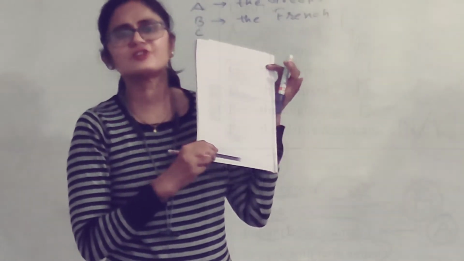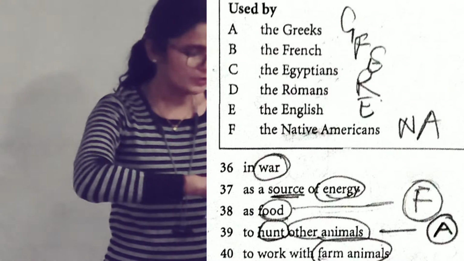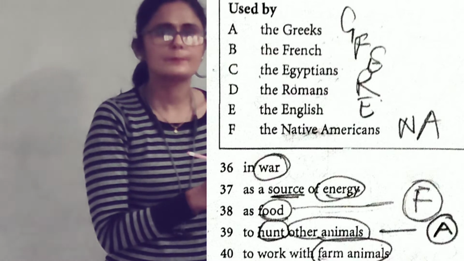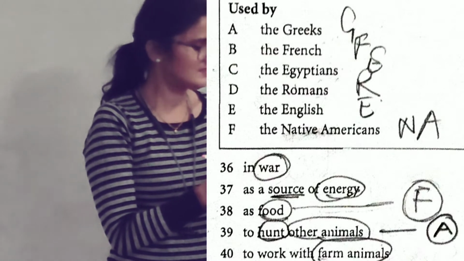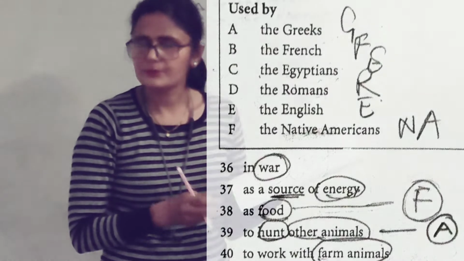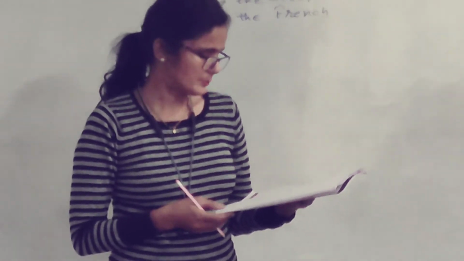So Greeks were using dogs to hunt animals like rabbits also. So the 39th answer, to hunt other animals, A is the answer for Greeks. Are you getting me, guys? Sure? Yes. Alright.